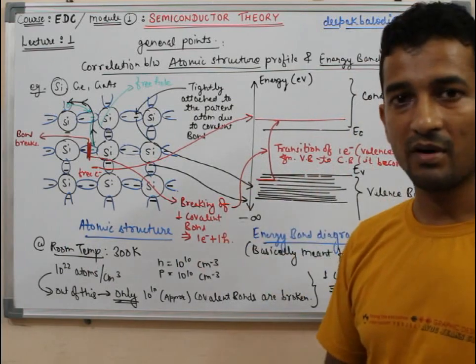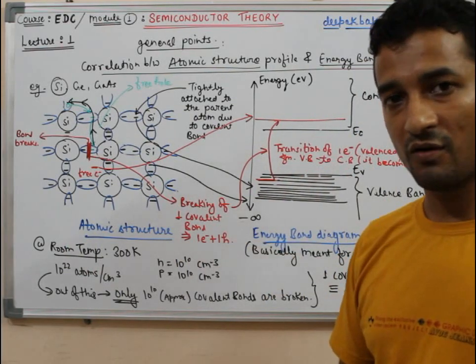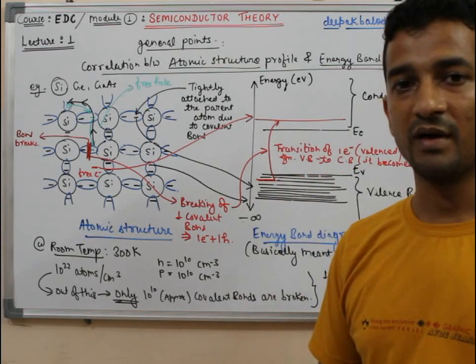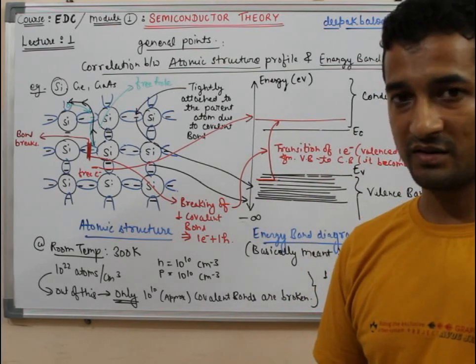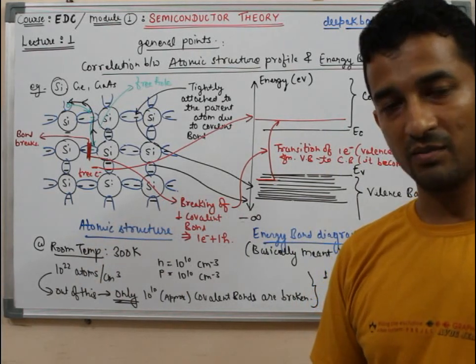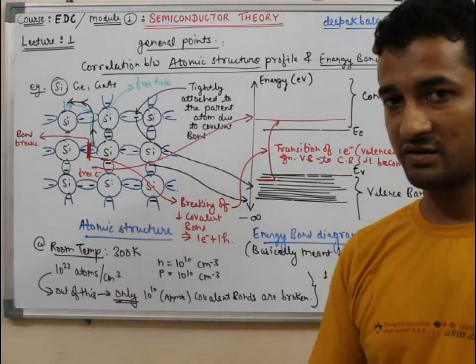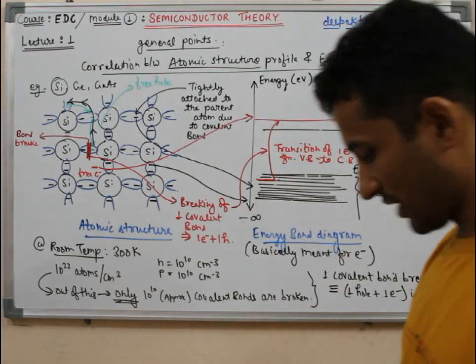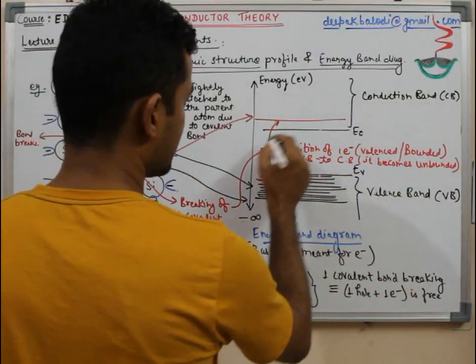Please also remember, for any breaking of a covalent bond or for any transition, it is required to have some minimum amount of energy. It requires absorbing some minimum amount of potential difference or equivalent energy, and that minimum amount of energy from this diagram is very clear. This is this much.